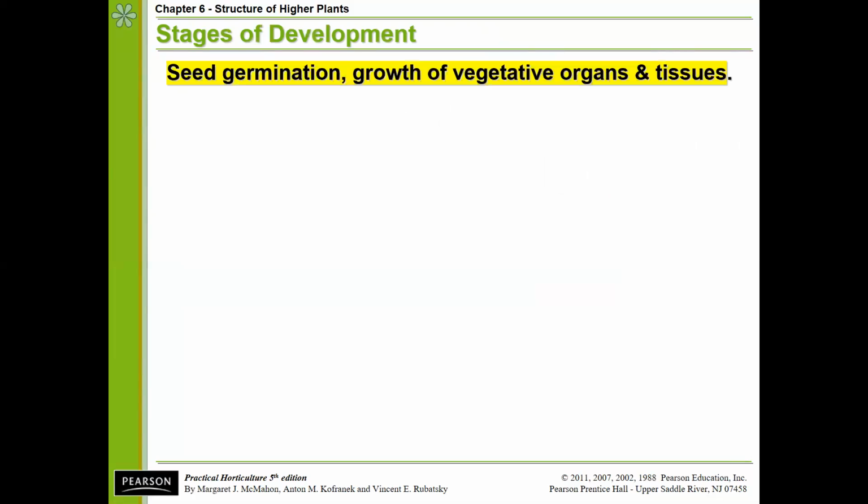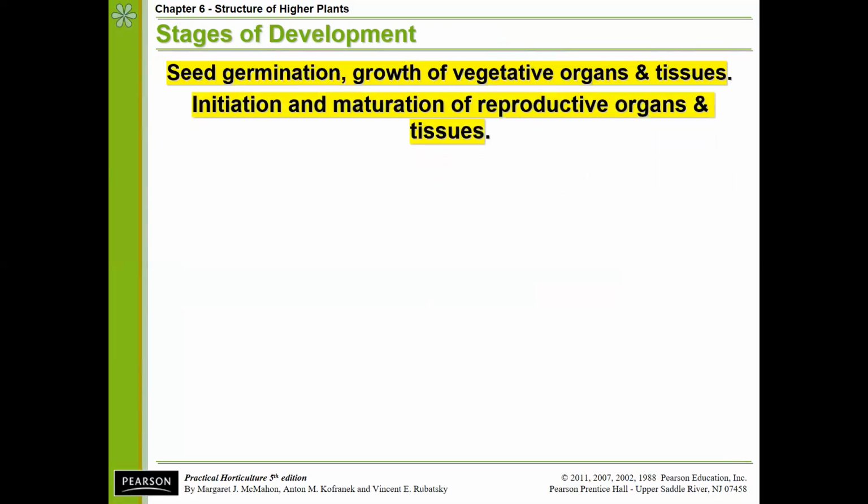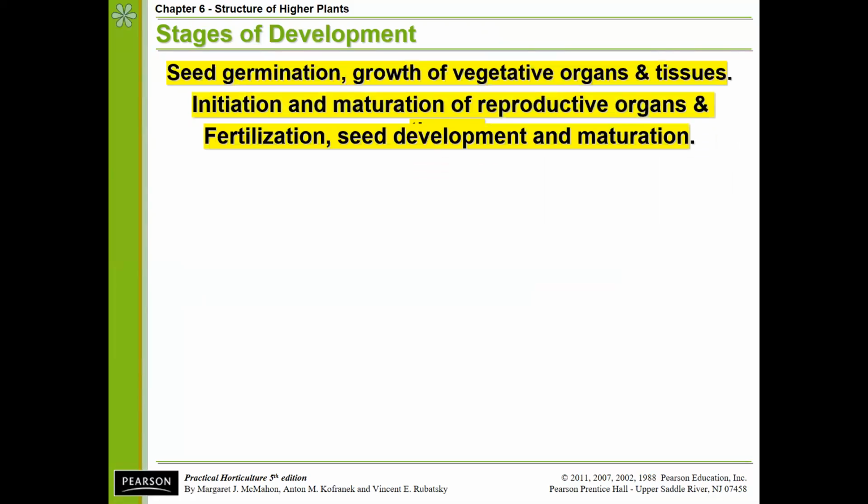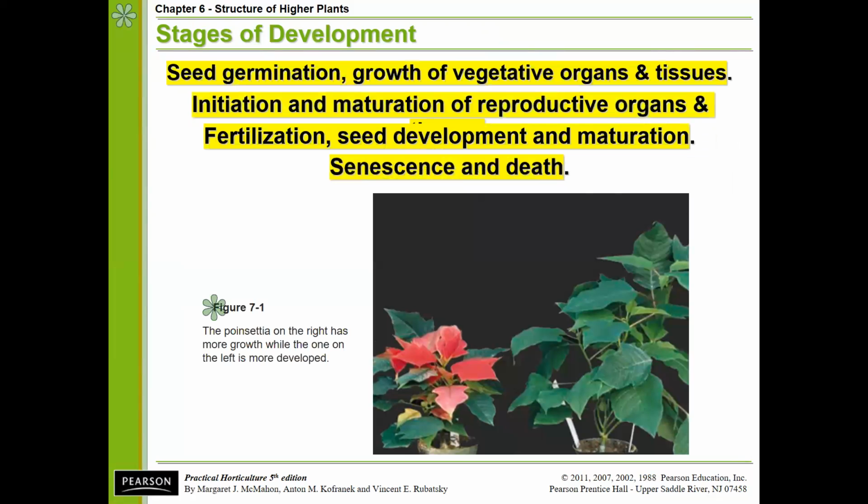And these stages of development begin with a seed germinating, and then the growth of the vegetative organs and tissues, as well as the initiation and maturation of the reproductive organs and tissues, pollination, fertilization, seed development, and then maturation of the plant, and finally senescence and death of the plant.